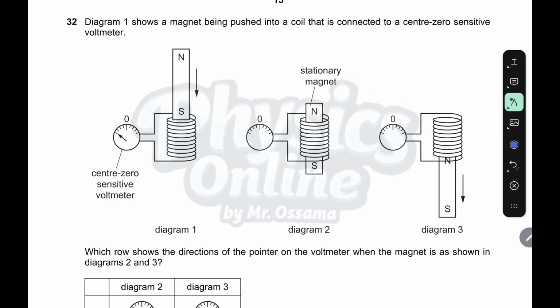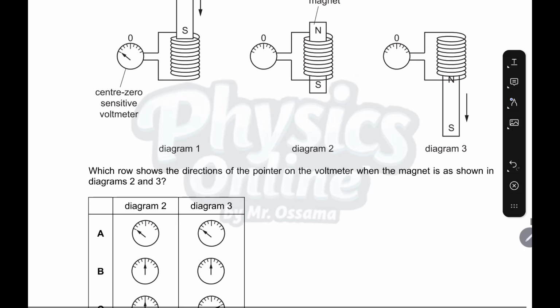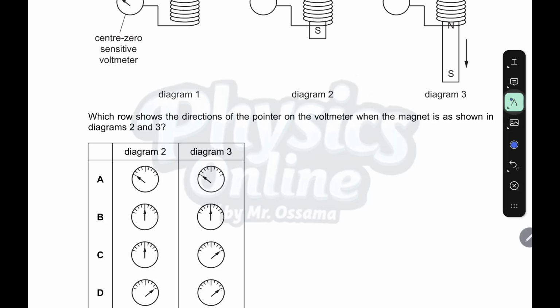When the magnet is inside the coil, the induced currents here and here are opposite each other and will cancel each other out. So here we will have no current. In diagram 2, no current.